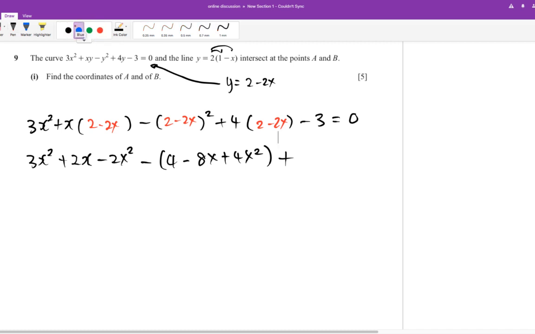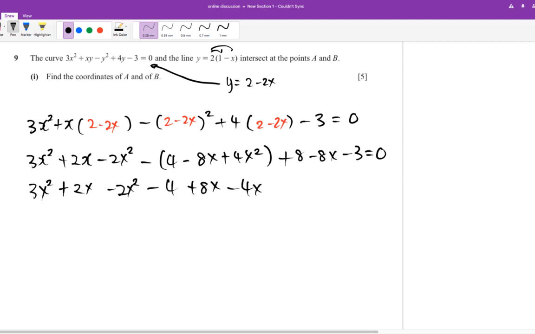Okay, so I will get 8 minus 8x minus 3 equals to 0. Alright, then I will expand the last bracket over there. Then I simplify it. Minus 4 plus 8x minus 4x squared plus 8 minus 8x minus 3 equals to 0. Alright, then what I will do next is I will solve all the x squared.